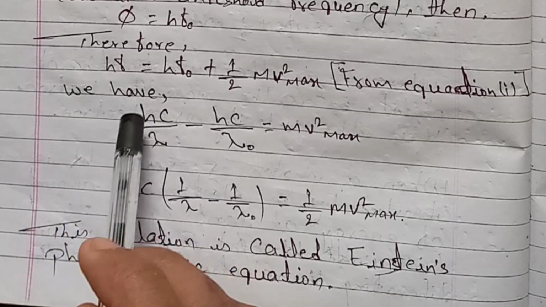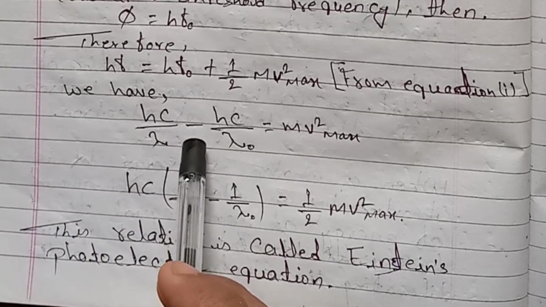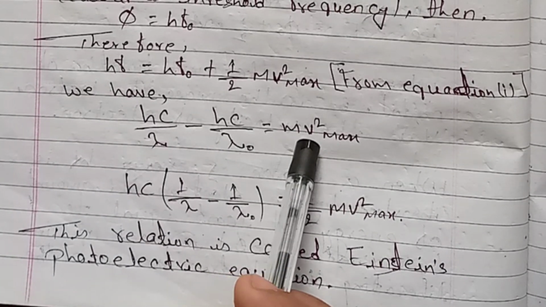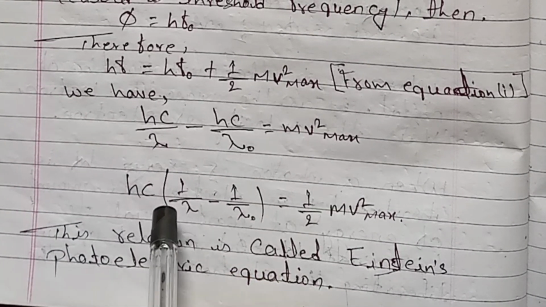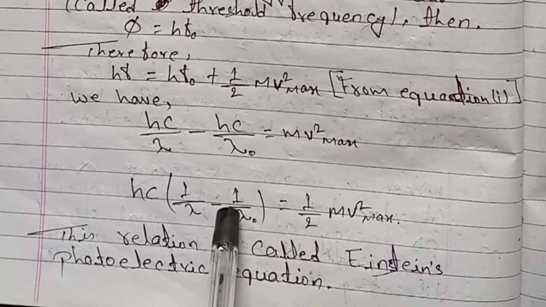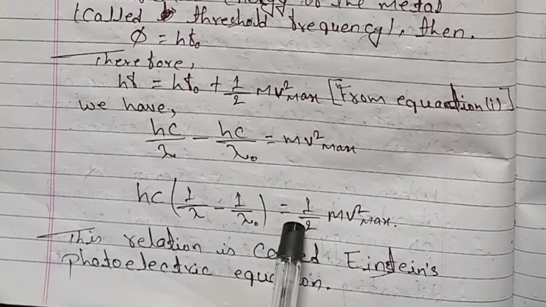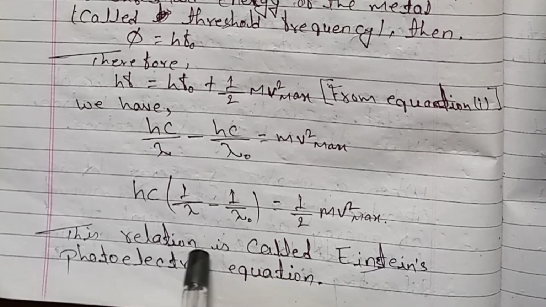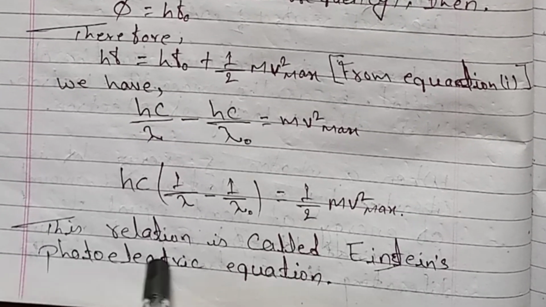So we have hc/λ minus hc/λ0 is equal to 1/2 m v max squared, that is hc times (1/λ minus 1/λ0) is equal to 1/2 m v max squared. This relation is called Einstein's photoelectric equation.